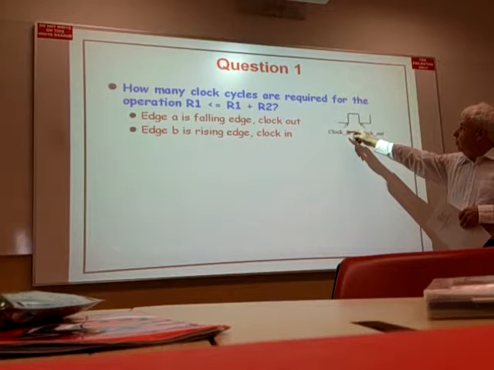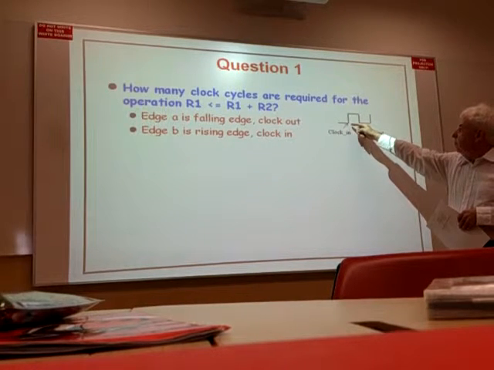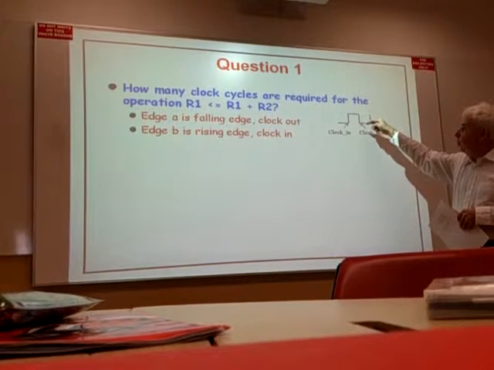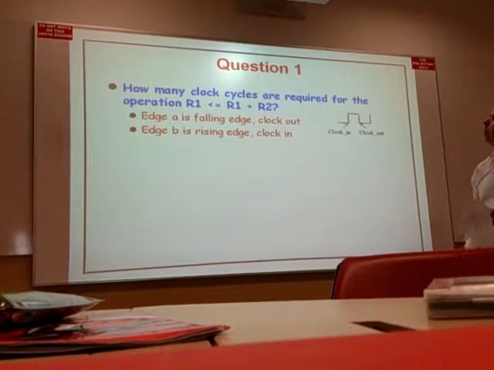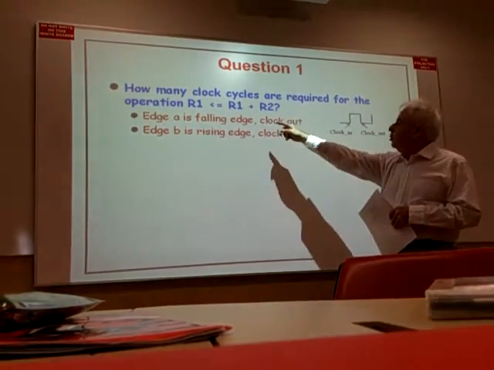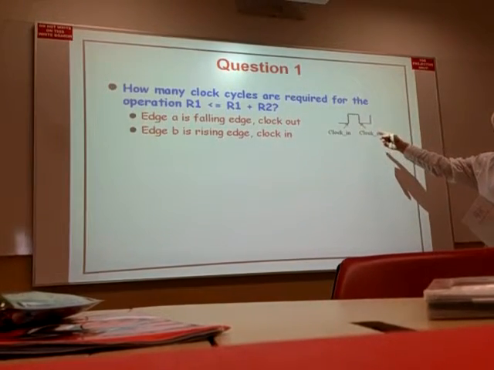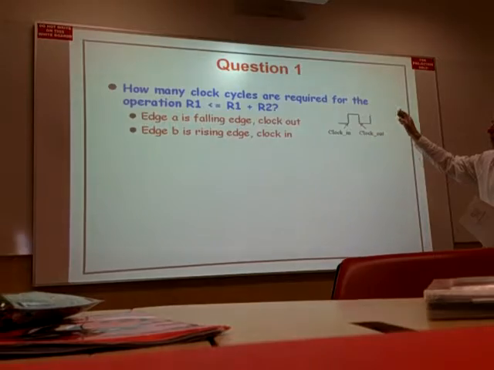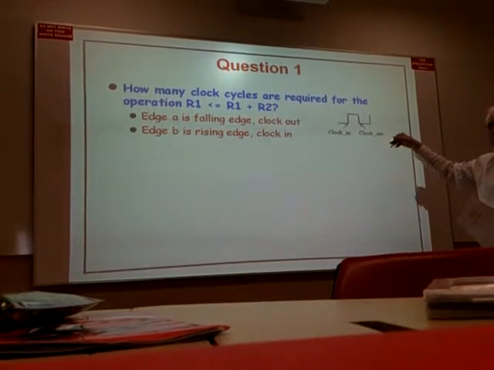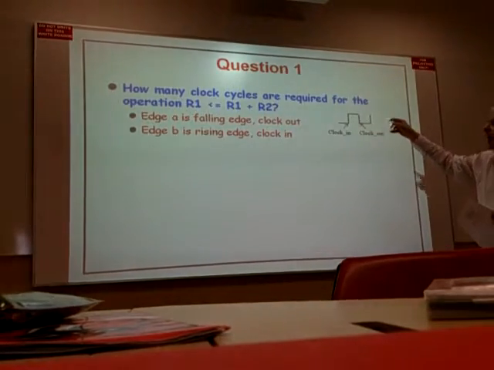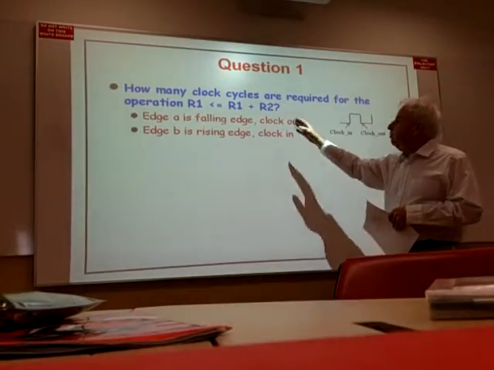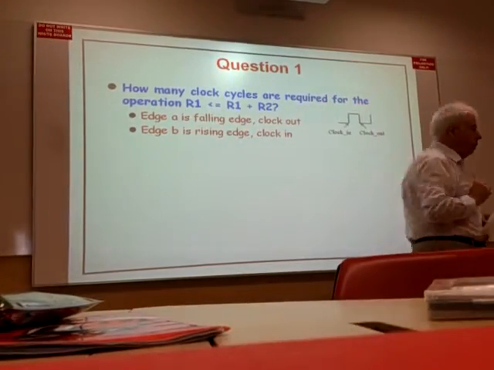So the rising edge we can call the clock in, the falling edge we can call the clock out. So we can actually output the values of R1 and R2 on the clock out into the accumulator, perform the addition, and then on the clock in we can put that value back in R1.